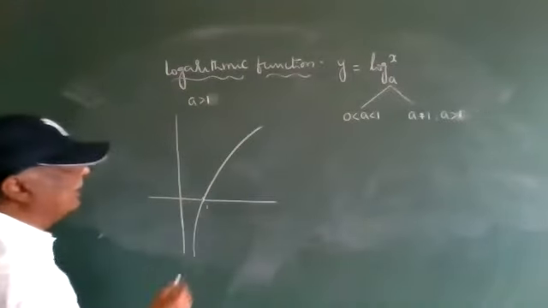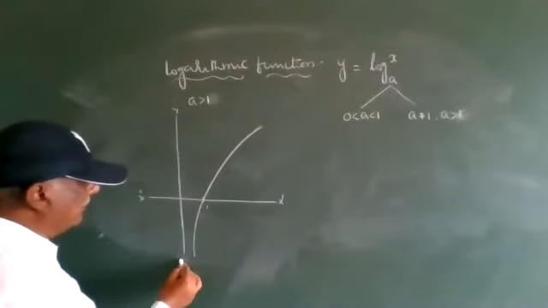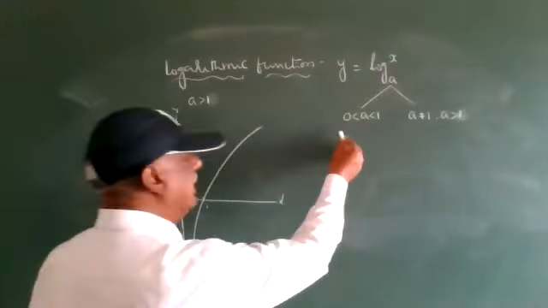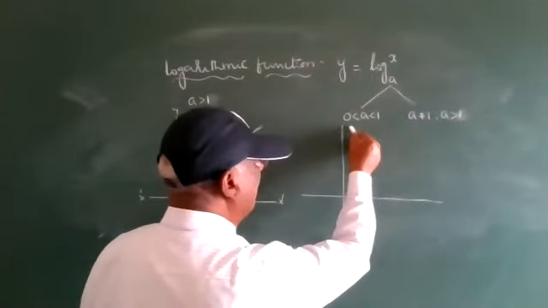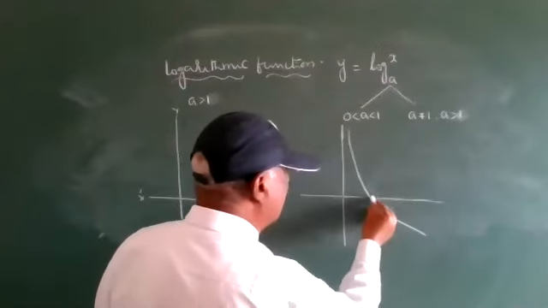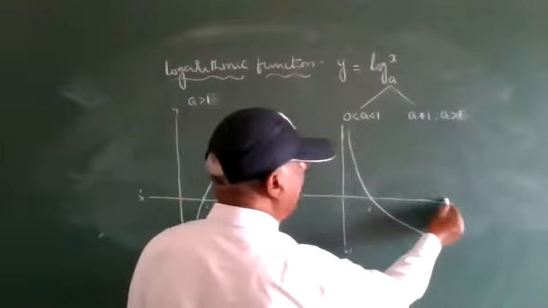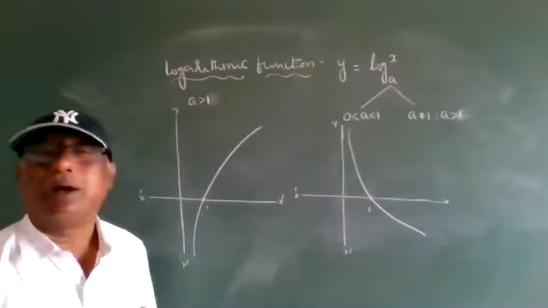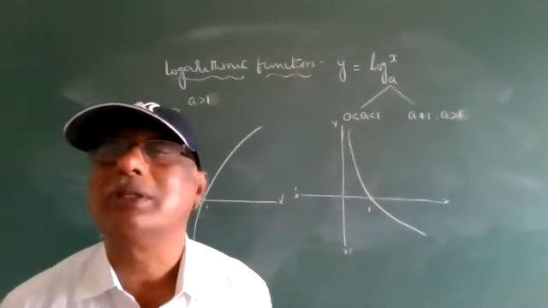This is the point 1. So this is the graph when a is greater than 1. When a is less than 1, automatically the graph is in reverse order. This is y dash and x dash. This is the graph of log x. There are two graphs. If the base is greater than 1, how does it look when it lies between 0 and 1, sir?